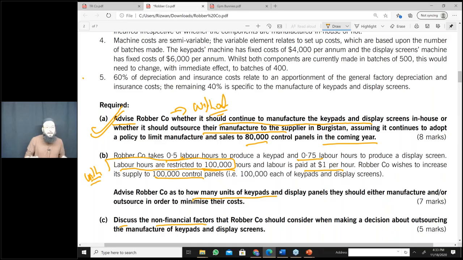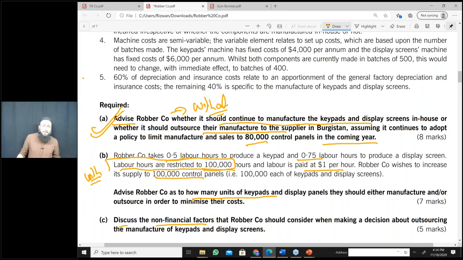So how smartly we can figure out in the paper which part is limiting factor and which is not a limiting factor. Okay, my friends? So I hope this is clear to all of you that part B is with limiting factor because there is a restriction mentioned here, and part A is without limiting factor because there is no restriction as to labor hours or machine hours or something like that. Okay. Now, normally we don't consider sales here.